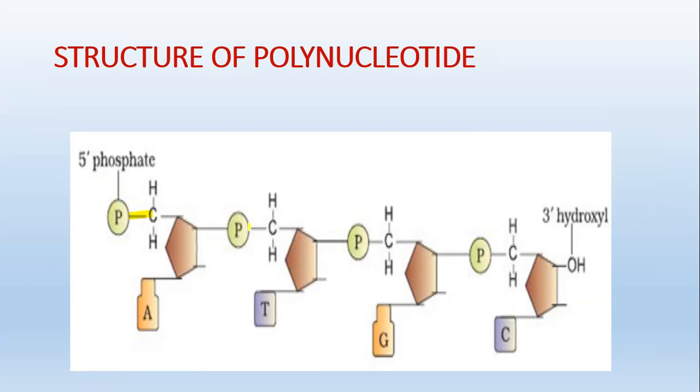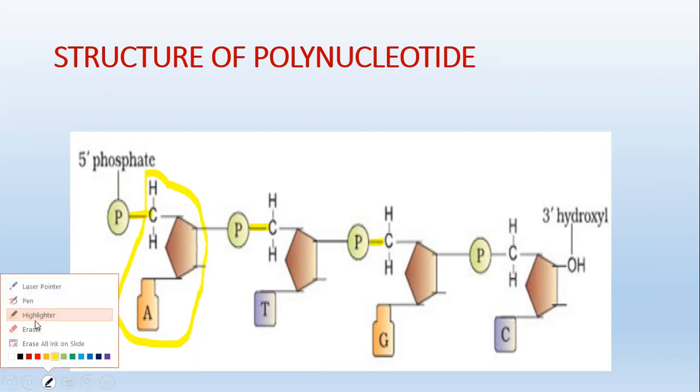This bond I'm talking about is the phosphoester bond. This structure is the nucleoside, and when a phosphate is attached to the nucleoside, and the bond between them is called the phosphoester bond, this whole structure is called a nucleotide.